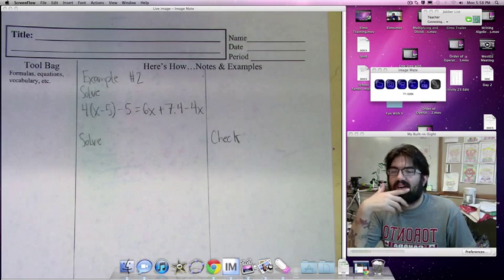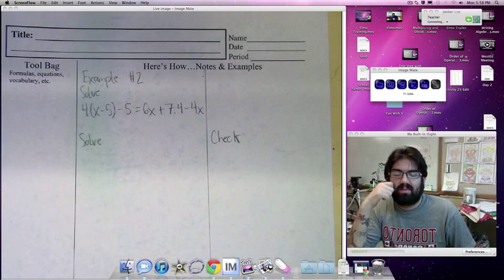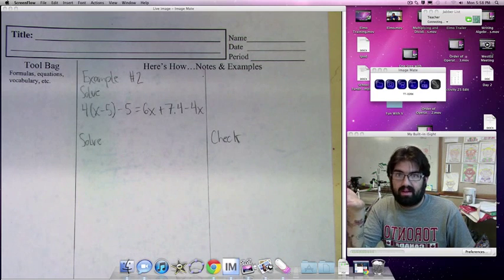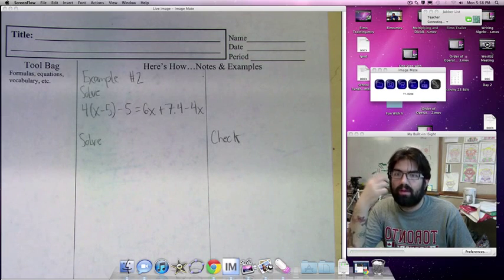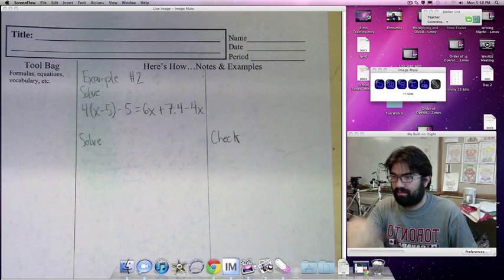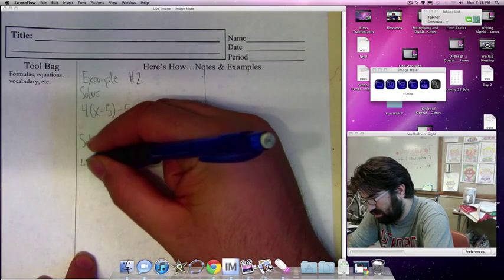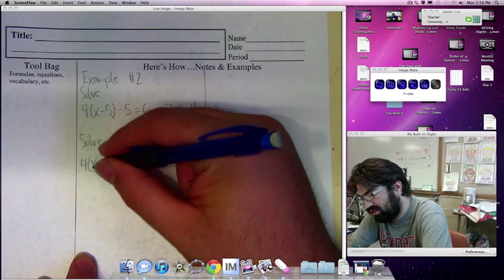Okay, well, 4 times x minus 5, then minus 5, is equal to 6x plus 7, then 4 minus 4x. Looks like a good one.